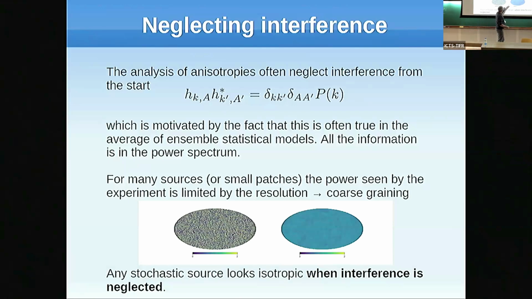And because of it, if you, let's say, average over 100 pixels to go from here to here, the sky will look really homogeneous. This is basically why people think, even if you start from a Gaussian ensemble, which looks really noisy on small scales, as long as the scales are small enough, the outcome will be really homogeneous. So this means if interference is neglected, the stochastic source will look isotropic in terms of power.